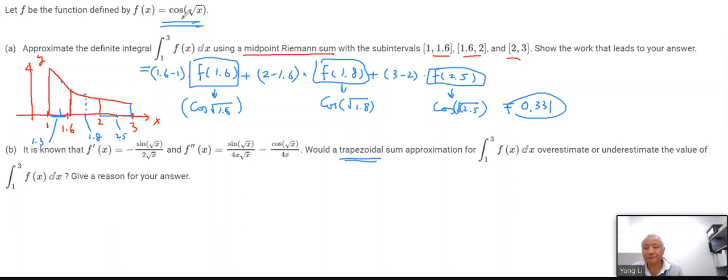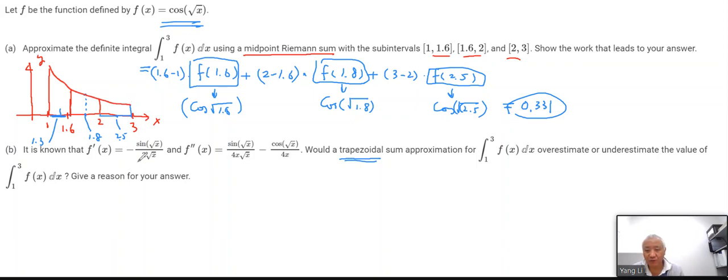Now, instead of using the middle point Riemann sum, we have to use the trapezoid. The trapezoid is like this because this graph is open. First things first, I just try to make it like this, okay?